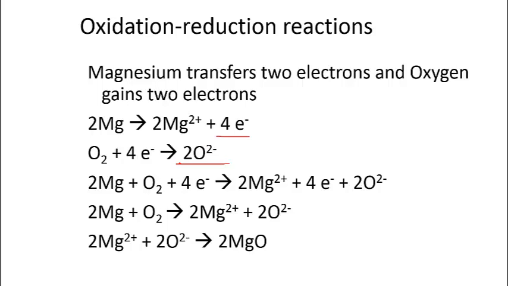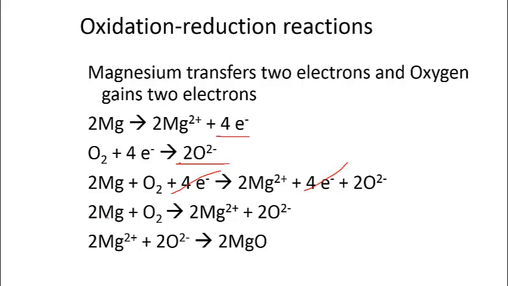So the half reactions explicitly show what happens to the electrons during an oxidation-reduction reaction. Now if we add these 2 half reactions together, we get the overall reaction as 2Mg plus O2 plus 4 electrons yields 2Mg2+ plus 4 electrons plus 2 O2-. The electrons appear on both sides of the equation, so we can cancel them out.